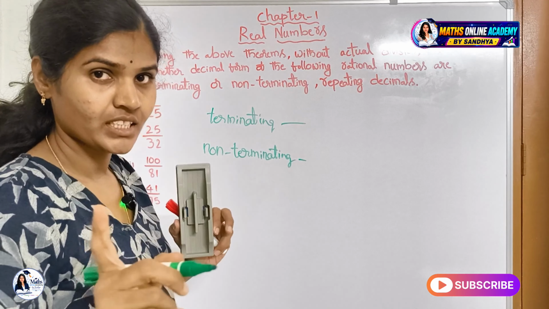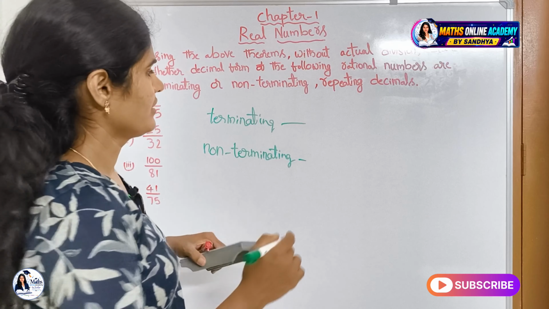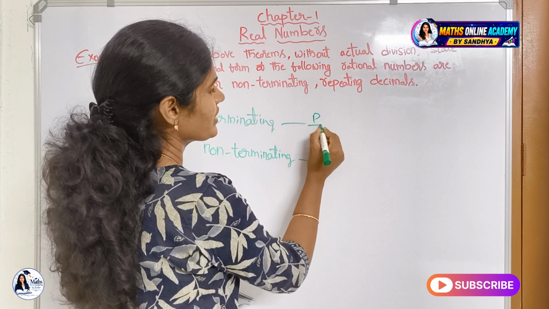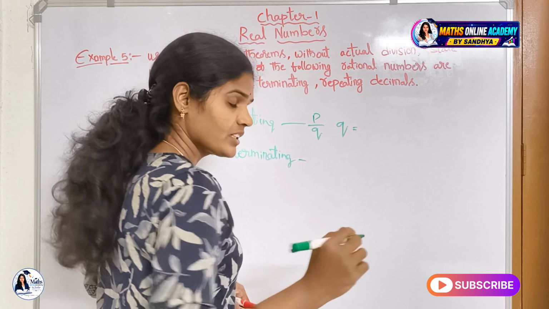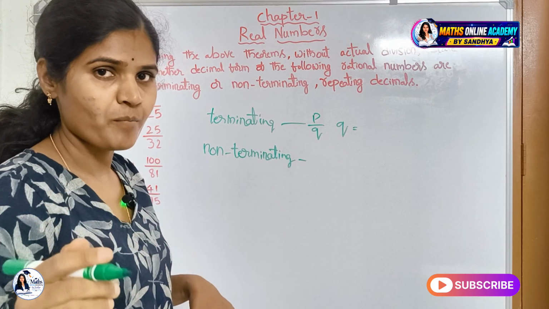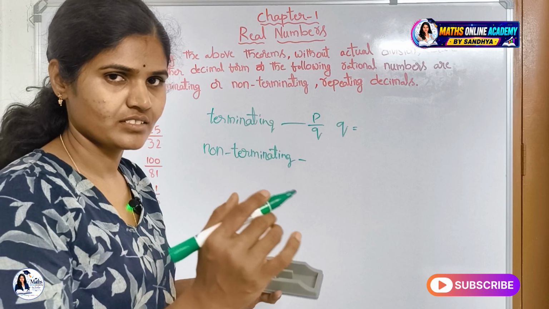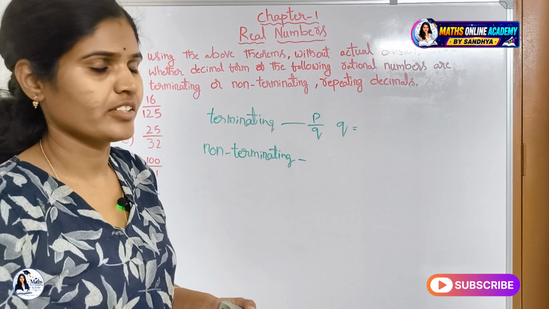Based on the denominator, in the form of p by q, a rational number, we can say directly this is terminating, this is non-terminating.